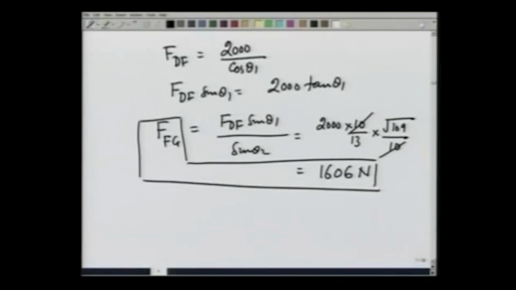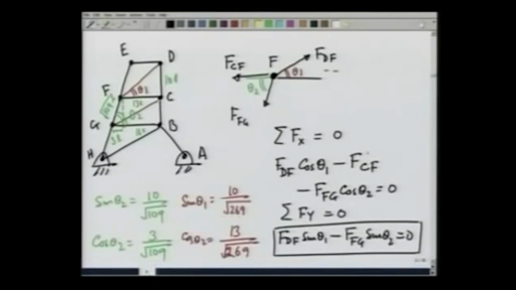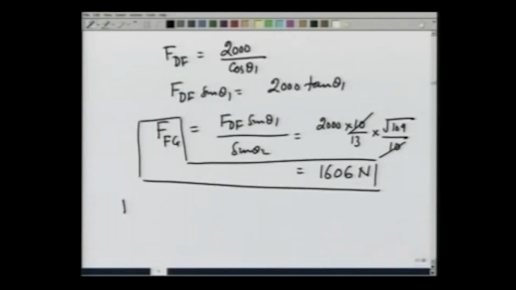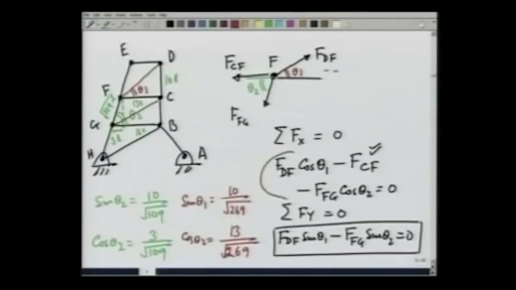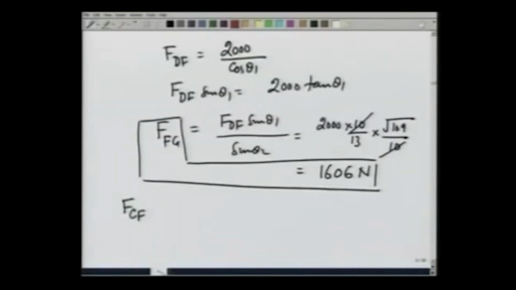Having found F_FG, we can now calculate F_CF also, because F_CF is going to be from the previous equation. If you look at this equation, it is F_DF cosine theta 1 with a minus sign plus F_FG cosine of theta 2. You plug in the numbers.